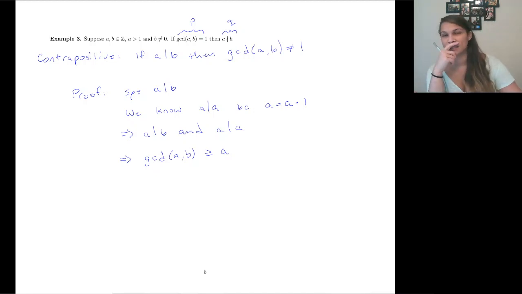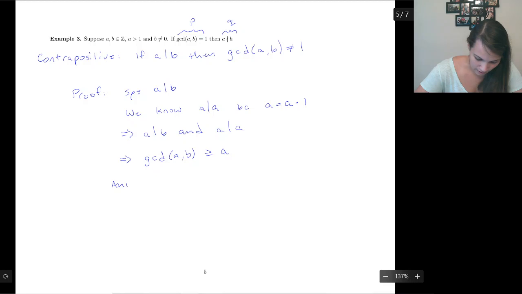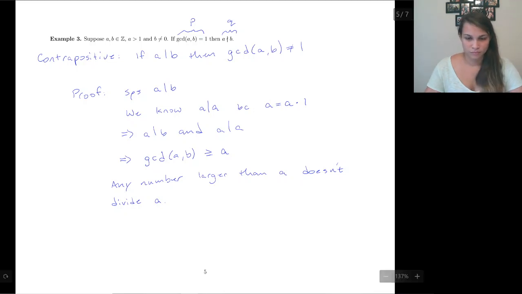And so since we know A is a good candidate, it could be A, but it might be bigger. Can we restrict it to being not bigger than A? Yeah, if you've got a number bigger than A, it's not going to divide A. So let's go ahead and acknowledge that. Any number larger than A doesn't divide A. Okay.